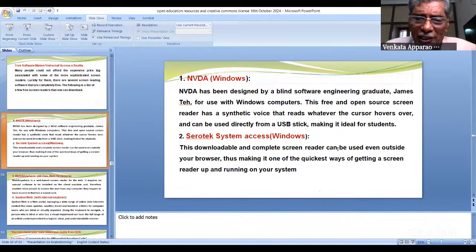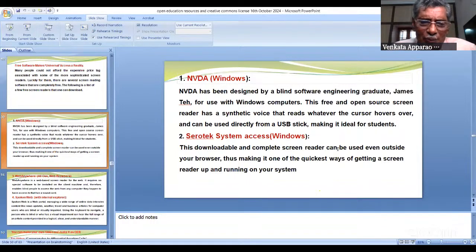It has been designed by a blind software engineering graduate, Mr. Tech, for use with Windows computers. The free and open source screen reader has a synthetic voice that reads whatever the cursor hovers on, and it can be used directly from a USB stick, making it ideal for students.